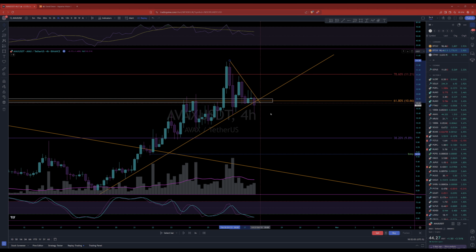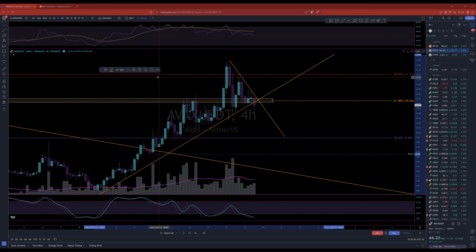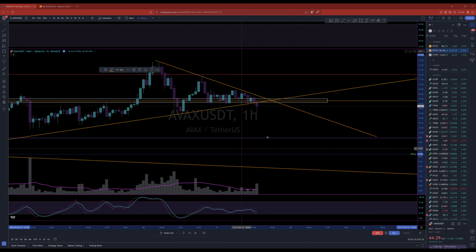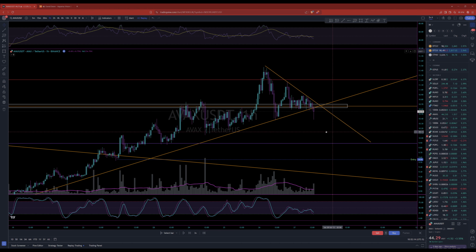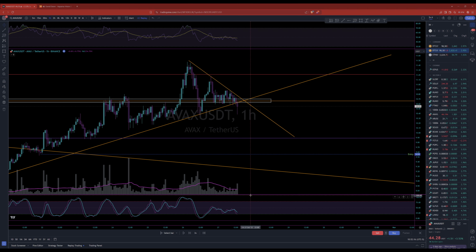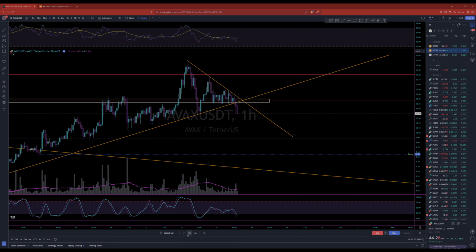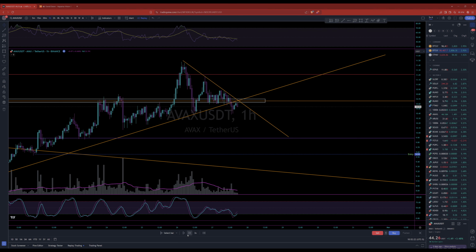Actually, no, not yet, because that could be a new downtrend. We'll remove this line because we're no longer respecting that uptrend until we're not, which on the 1 hour we're not, but again, could be a deviation. Is it?